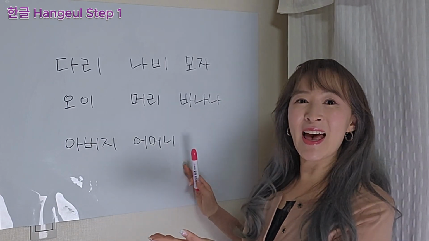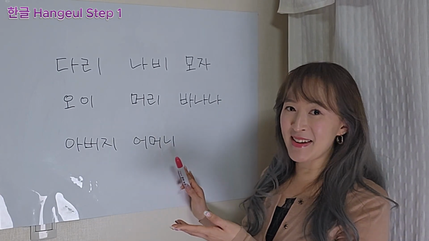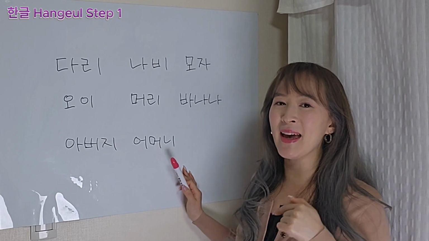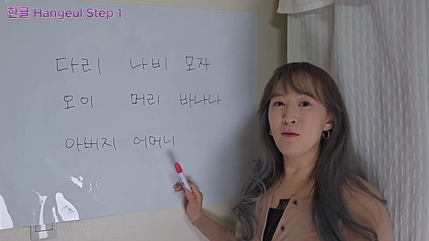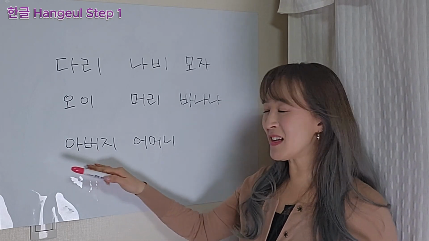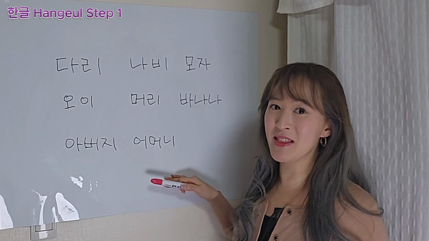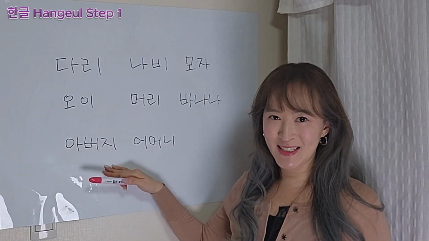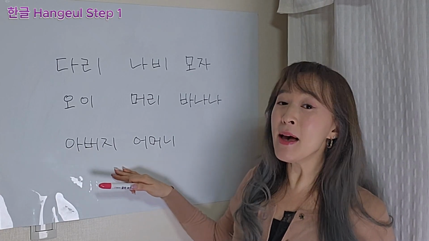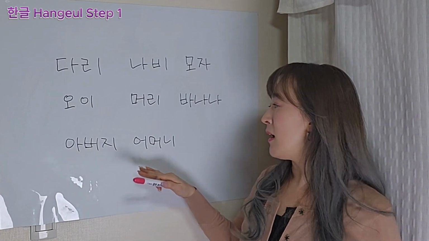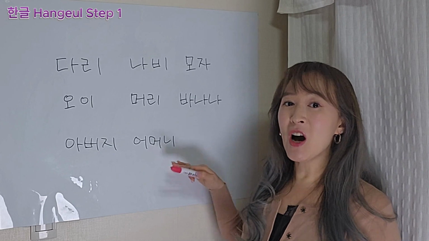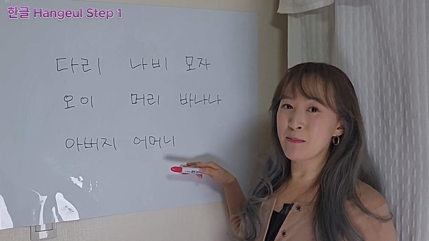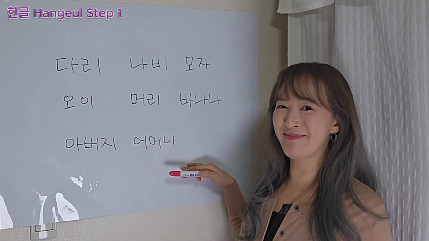And actually in Korea, I'm recording this in May, and May is family month, and these two words come out a lot in this month because this one, 아버지, means father. 어머니 means mother.